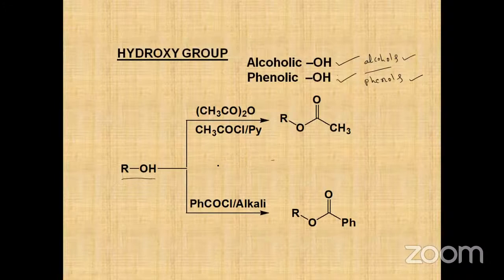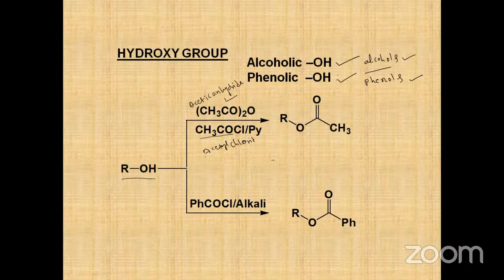Now this ROH is treated with acetic anhydride, or it may be acetyl chloride. Treating with alcohol leads to the formation of an ester.